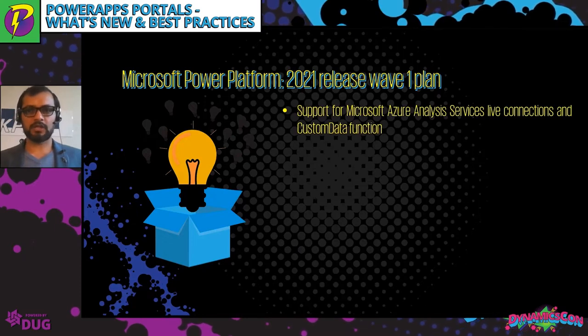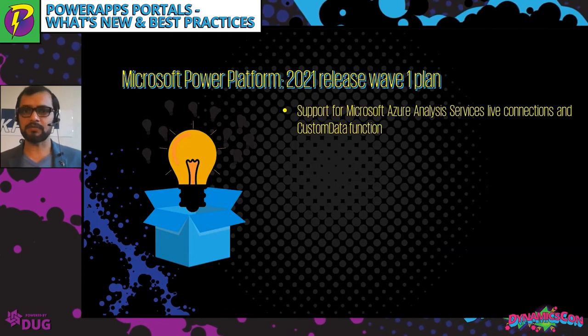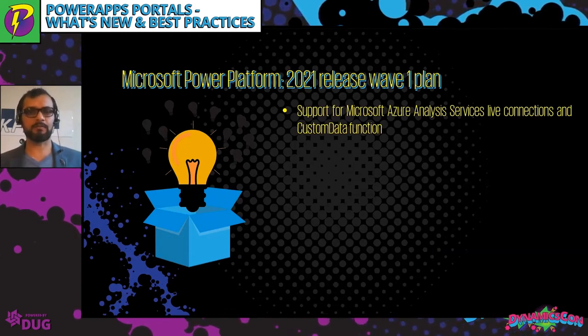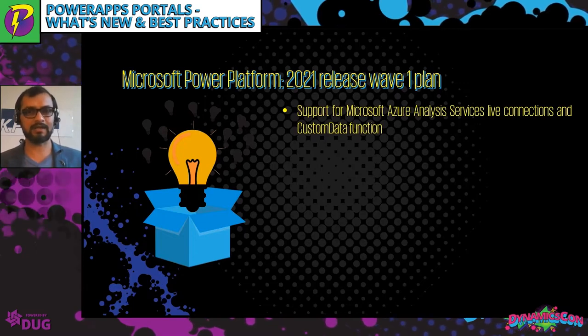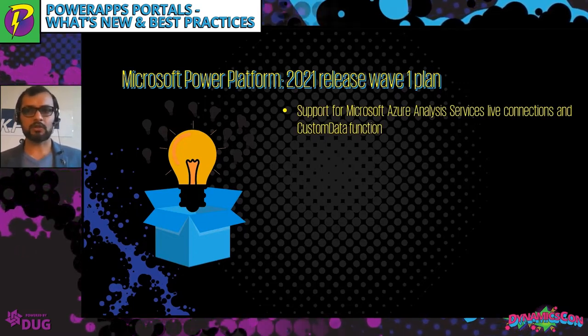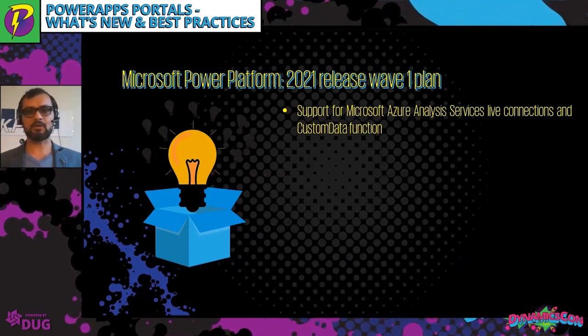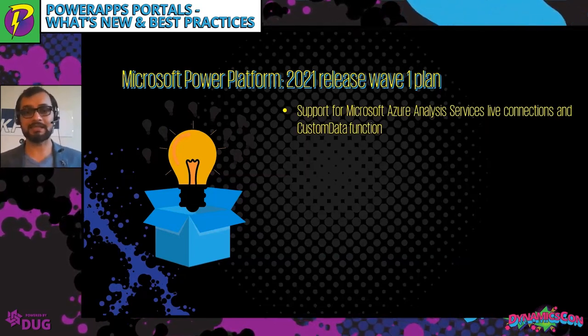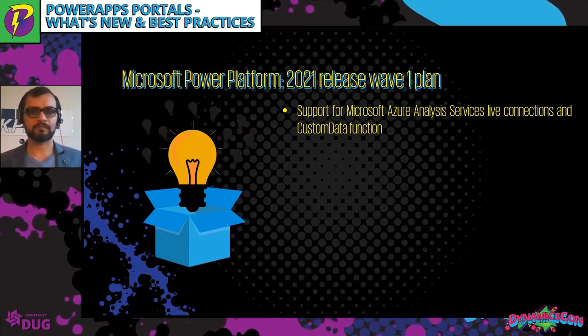The general availability for this will be in April 2021. As part of this feature, makers will be able to embed Power BI dashboards and reports utilizing live connections with Azure Analysis Services. This feature also allows portal developers to use custom Power BI data functions to send additional context for personalizing reports and dashboards for the users.